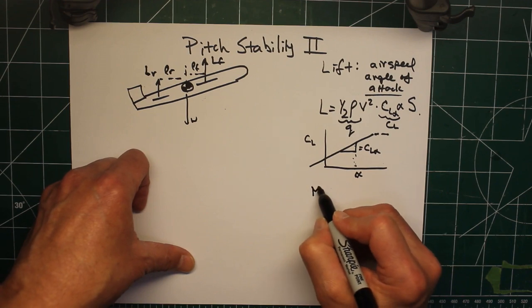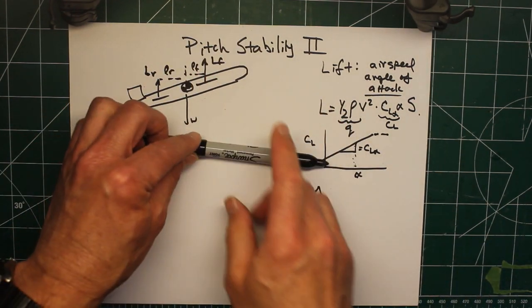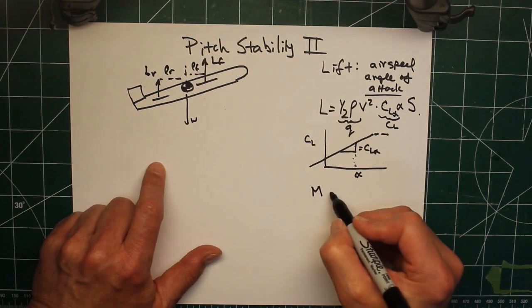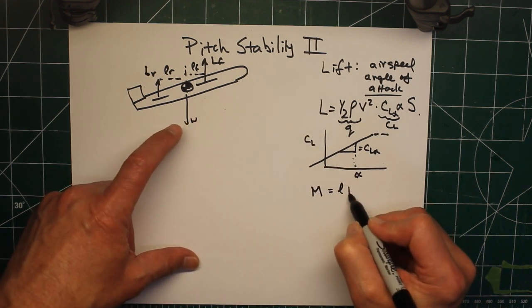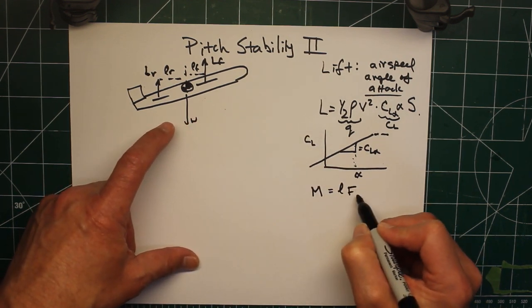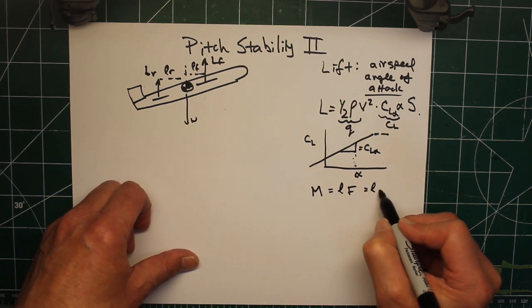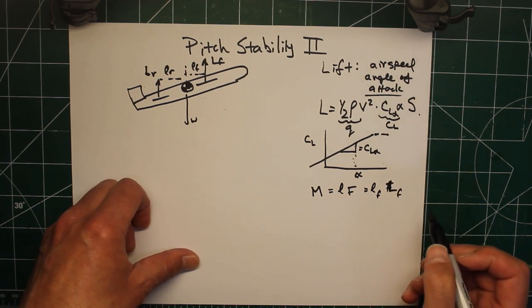The equation for a moment, which is what you get when you push on something at a distance and it goes around a circle, is just the length times the force. So the moments that we care about are, for example, length times lift, sorry, that's an L, like that.